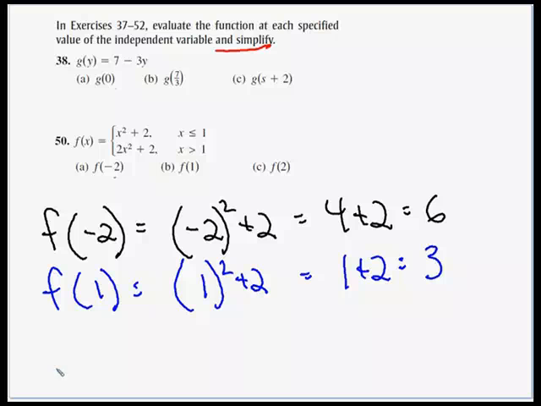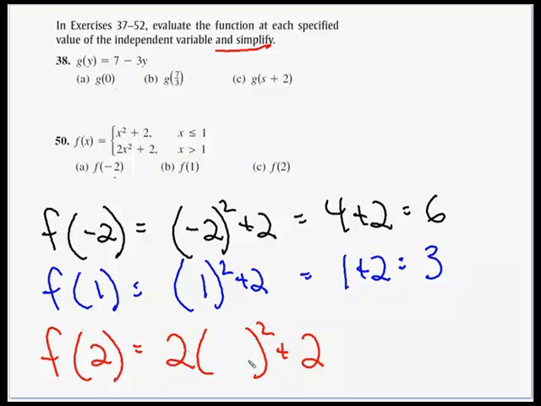And last is f of 2. If we're less than or equal to 1, we use the top piece. Now we are greater than 1. So we're using the bottom piece, 2x squared plus 2. So 2 times something squared plus 2, and that parentheses is filled with the 2 that we're running through that function. And now here's a good question. What do we do first?